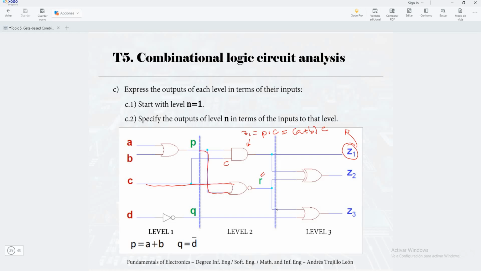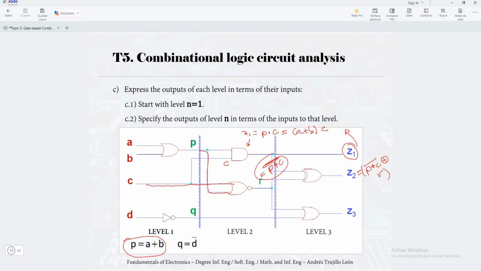R is a NOR gate, so it is P plus C negated. We already have the value of P, so we can substitute P here. So Z2 is the XOR of P plus C negated and R. And R is this value.